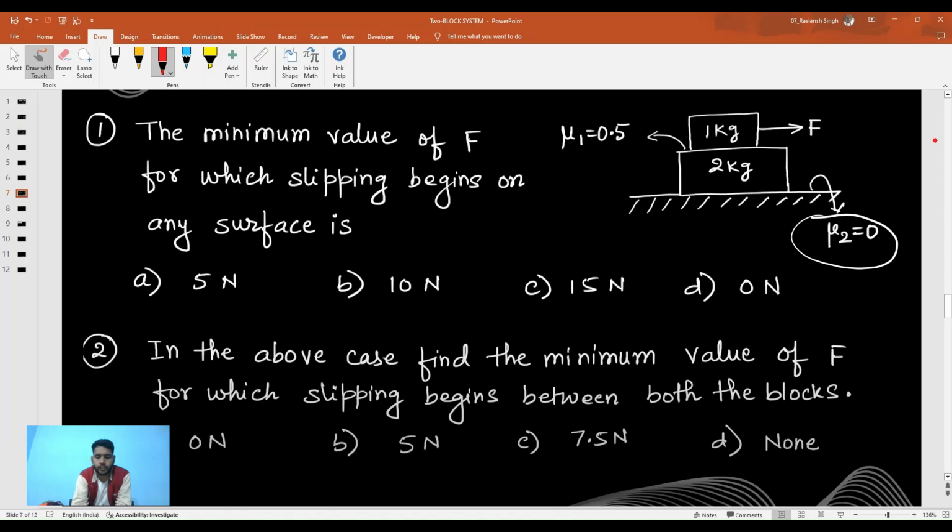In the very first question, we are asked the minimum value of F such that slipping begins on any surface. So we have to find the minimum value of F for which slipping begins.